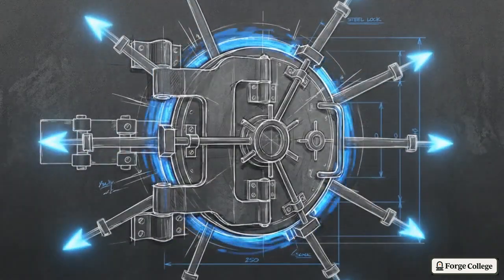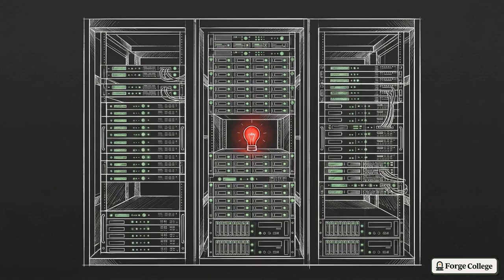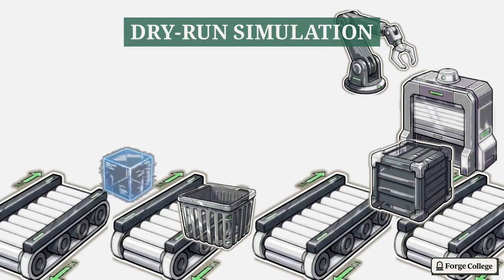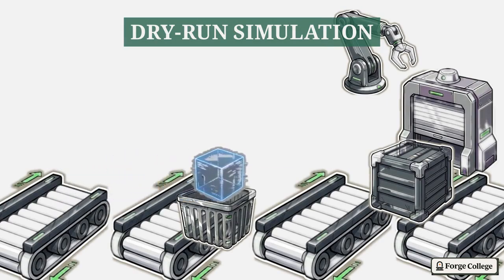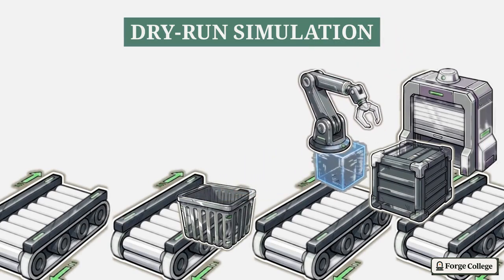Even with a perfect pipeline, there is one final anxiety. What happens if a deployment passes all the tests, but hits an unexpected glitch the moment it touches the live staging environment? Look closely at this transparent projection of a code block on the belt. This represents a dry run. It is a protective simulation where the pipeline practices packaging and deploying the code without actually altering the live server.